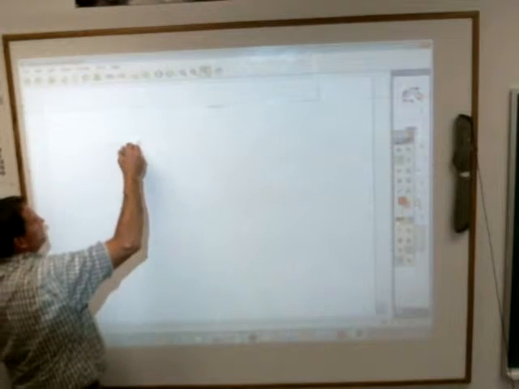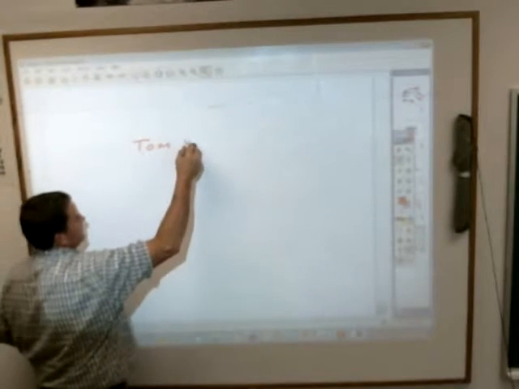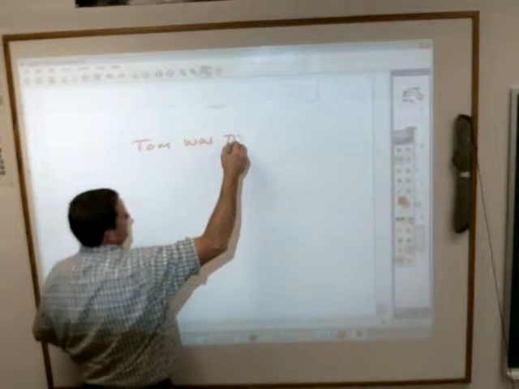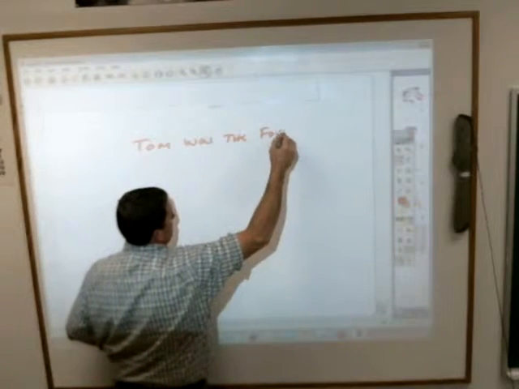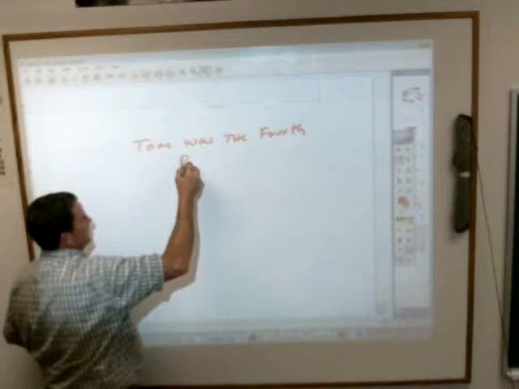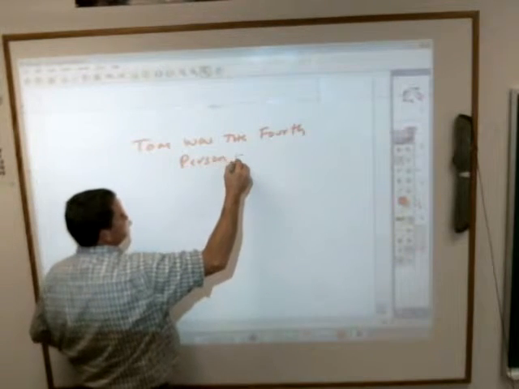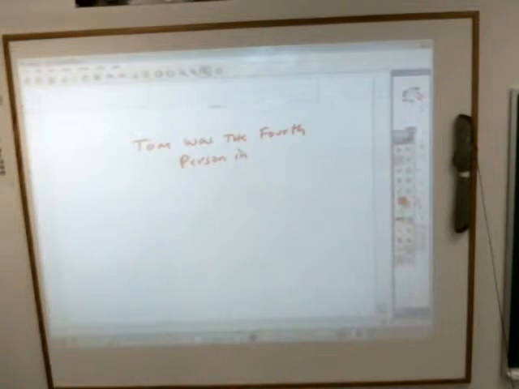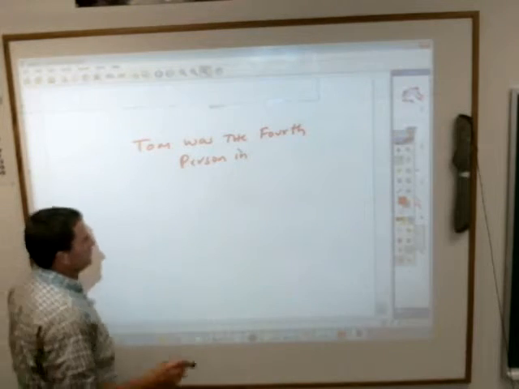Write down this problem. Tom was the 4th person in line, 4th person in a line of 10 people.